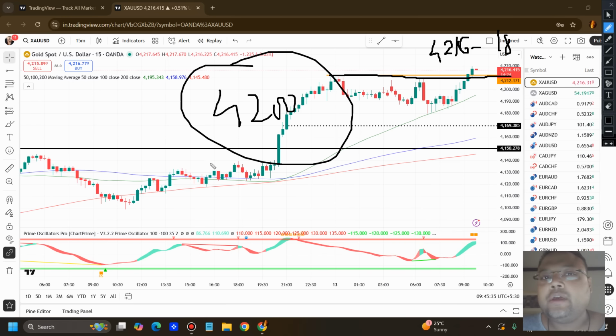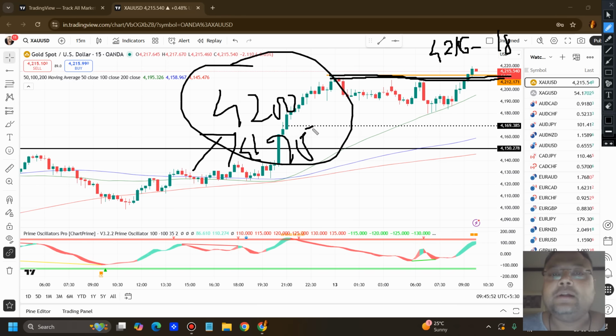So during the day, if 4200 becomes a support, there's a high chance, since the previous resistance will become the support, plus it's a round number, a psychological level as well. So around 4200 4195, if the market takes support, you can enter there as well, means buying at pullback.